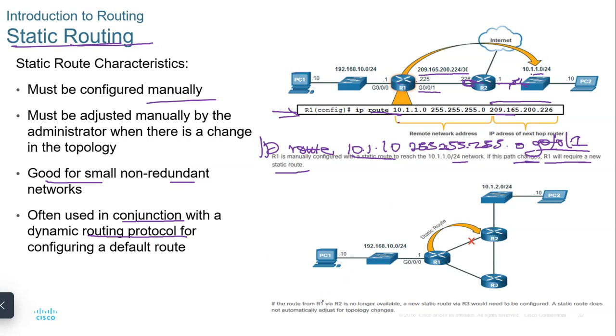If the route from R1 to R2 is no longer available, then a new static route via R3 would need to be configured. So if you have a primary static route going through this to reach this, now if it is down, then the route that you created in the first place will not help. So the systems admin has to come into play to create this other route that goes through router 3 as the next hop.